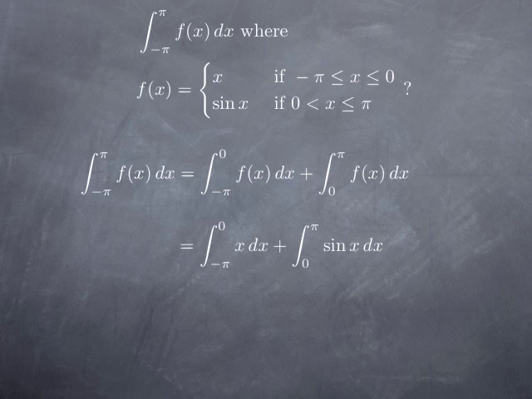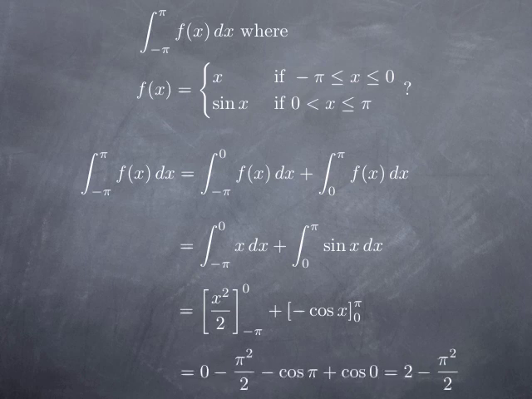Now each one of these two can be easily calculated using the Fundamental Theorem of Calculus, or the weak form of this theorem. Antiderivative of x is x squared over 2. Antiderivative of sine x is negative cosine x. And so I plug the value 0 in x squared over 2, I get 0. Then I subtract the value at negative pi.